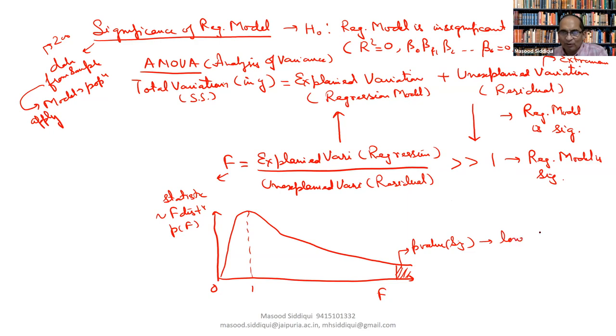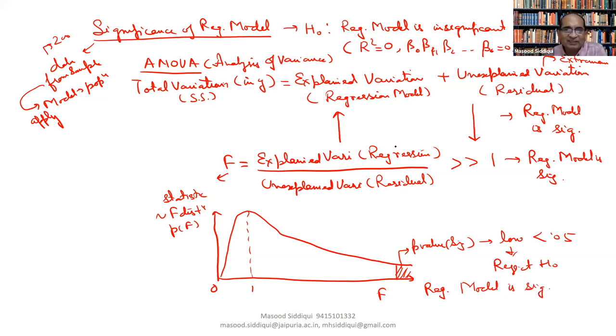Suppose this is less than 0.05, so we would reject the hypothesis that the proposed regression model is insignificant. It has been rejected. So we can say that our proposed regression model is significant. So this is the explanation.